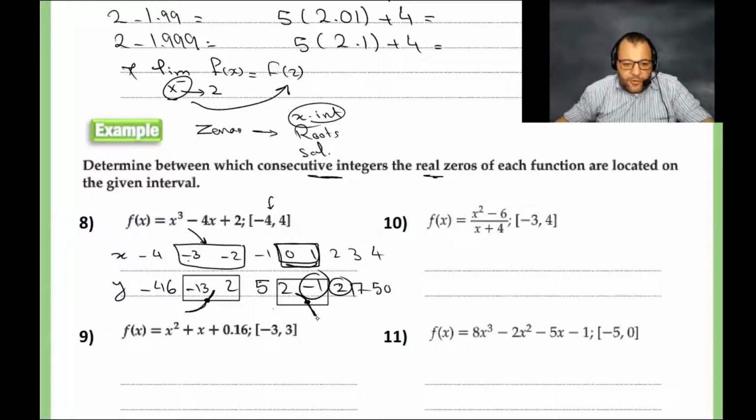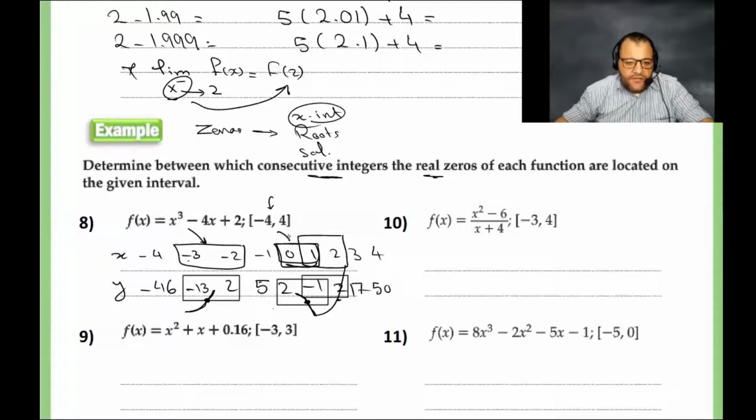It means we have a part below the x-axis and another part above the x-axis. So the graph is going down, then going up again. It means we have another solution between 1 and 2.